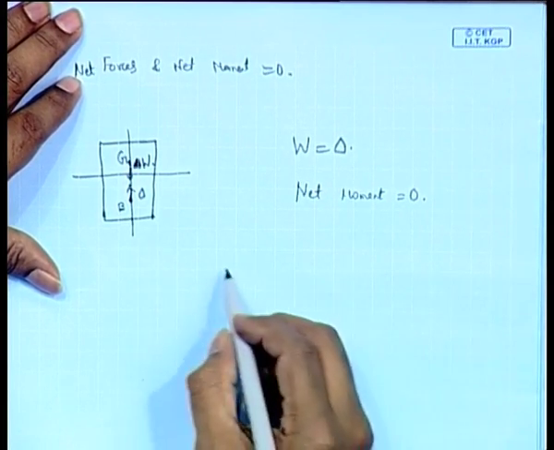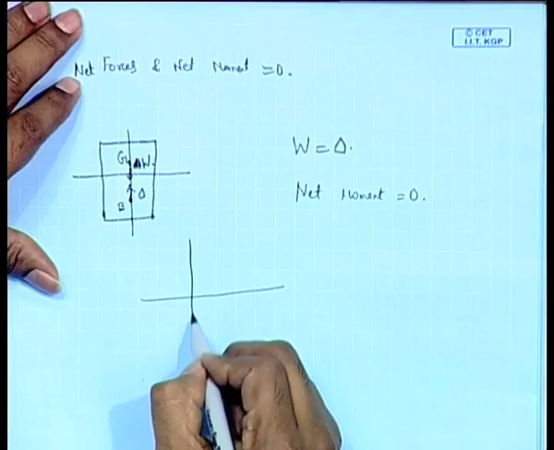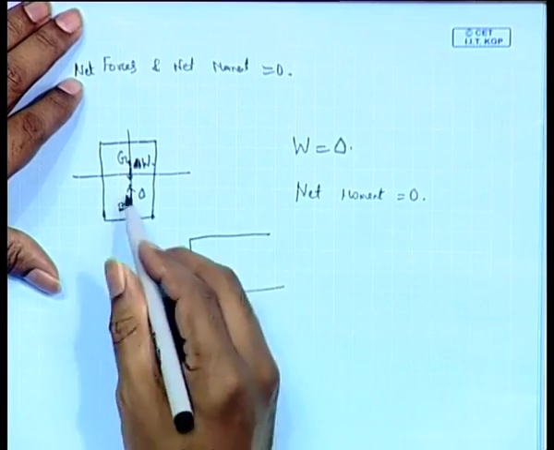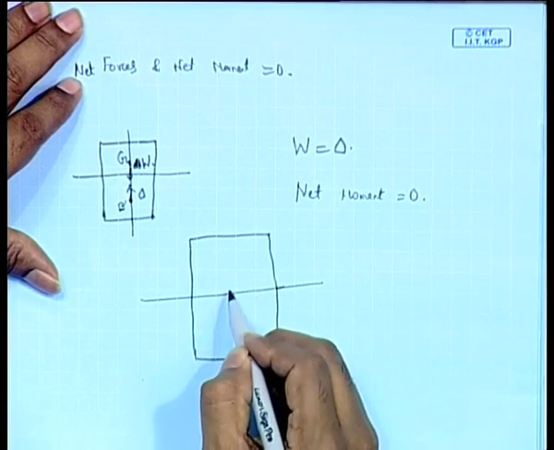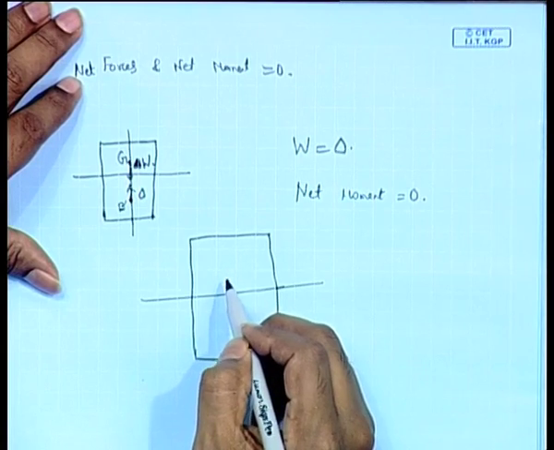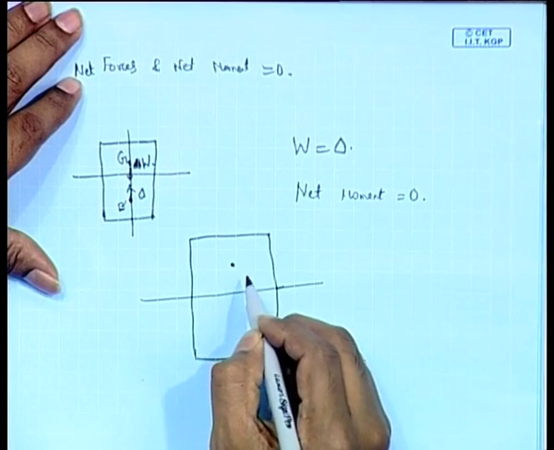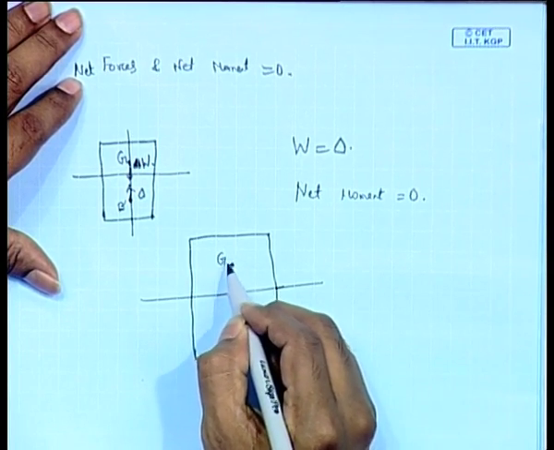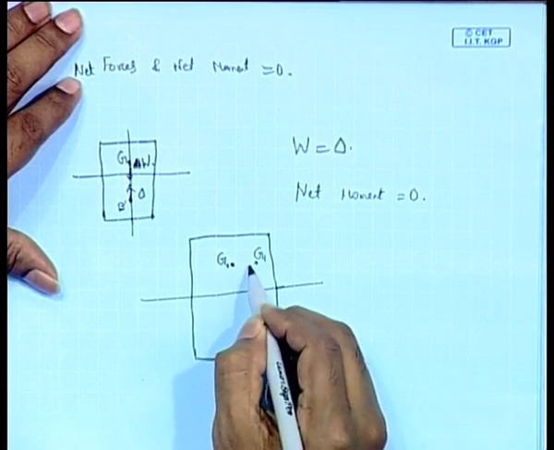So now suppose that the same body, by some method, for example by the shifting of weights, G has moved from G0 to this new G1 point.